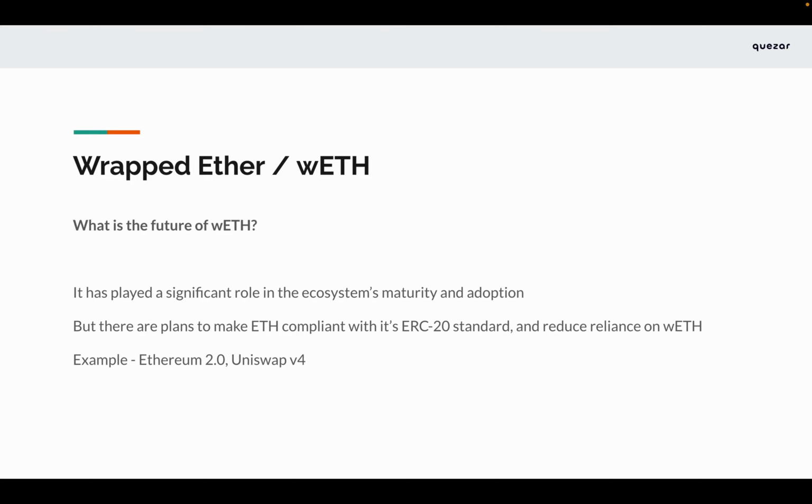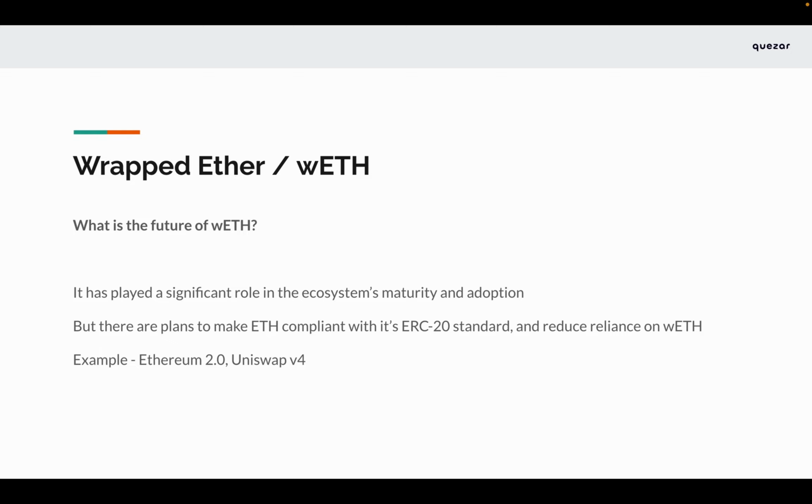Now, what is the future of wrapped Ether? Till now, wrapped Ether has played a significant role in creating a diverse ecosystem of various dApps where you can use your Ether for multiple purposes. You can convert it to other tokens and then use that to do things. But there are plans to make Ether compliant with its own ERC20 standard.